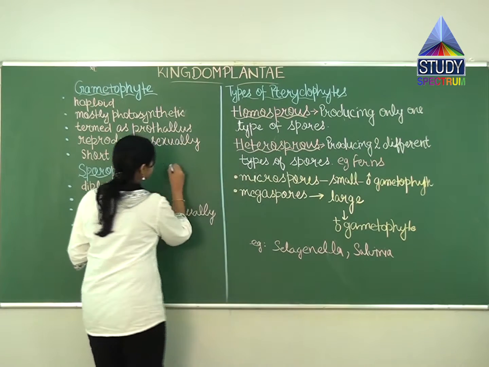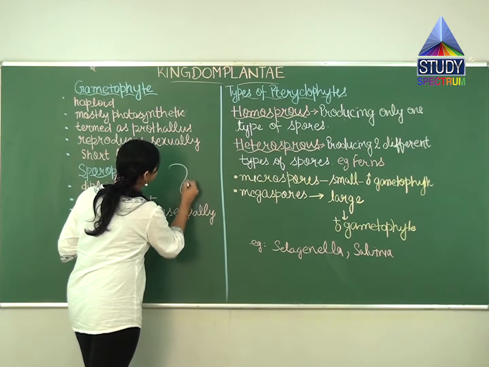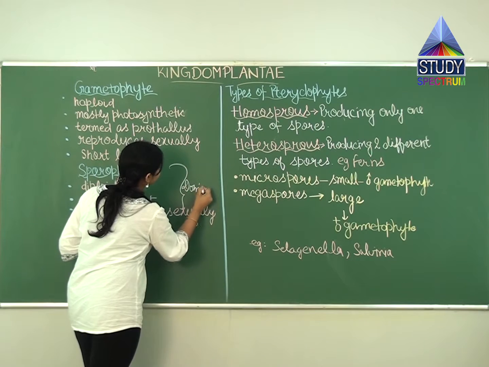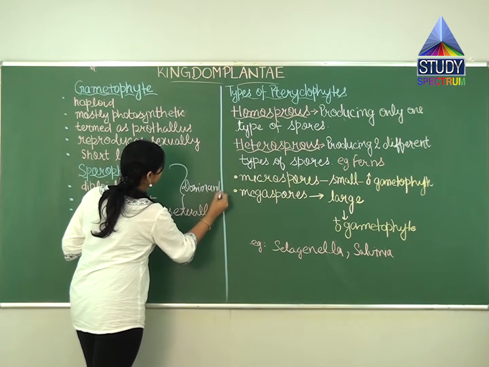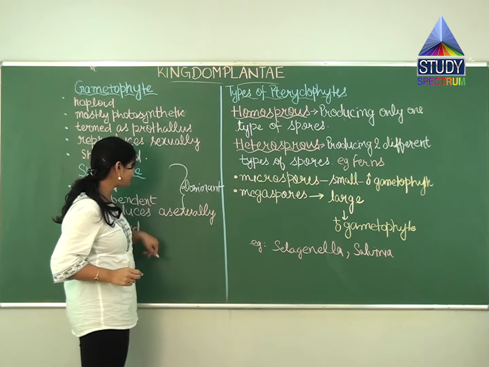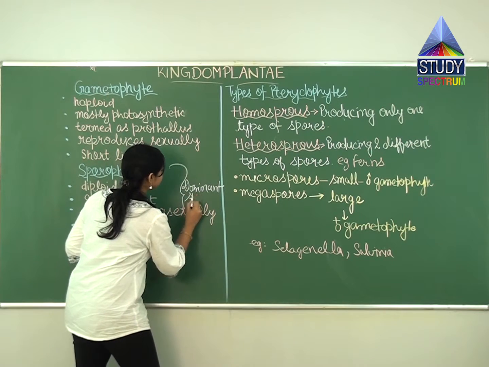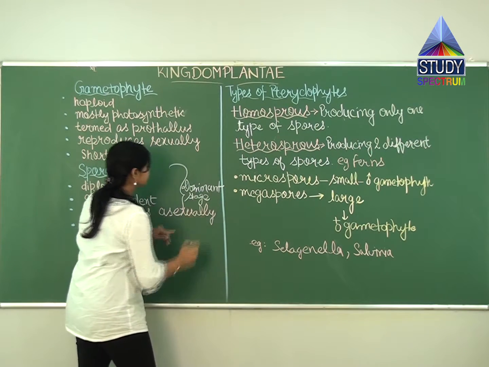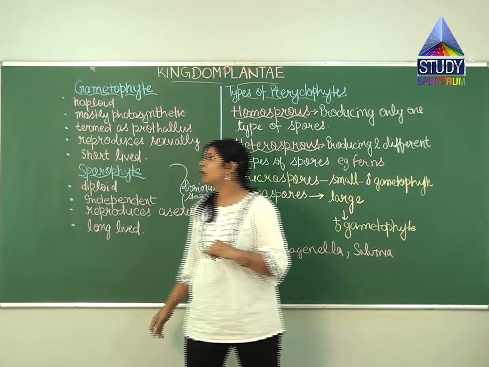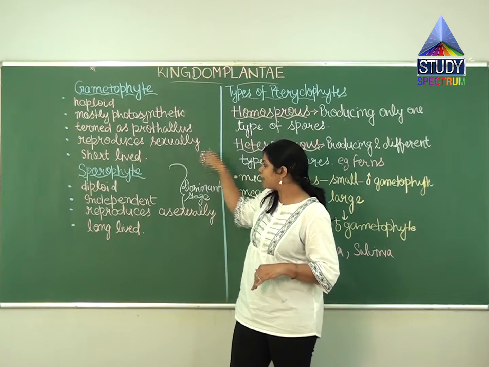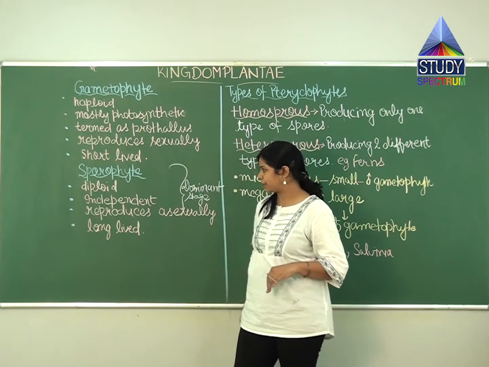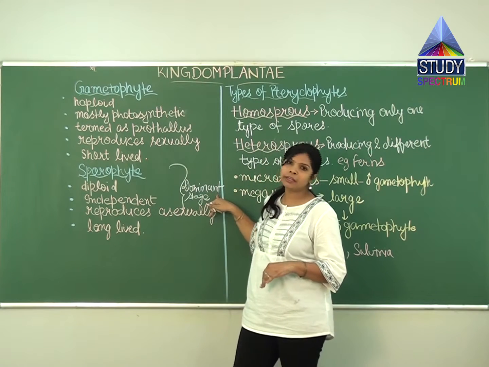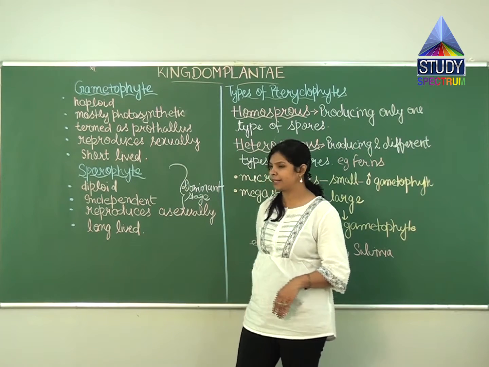That's why this is called the dominant stage. Why is this a dominant stage? Because it is a dominant long-lived stage. So it is all about what is gametophyte and what is sporophyte. So here the sporophyte will be the dominant stage in pteridophytes.